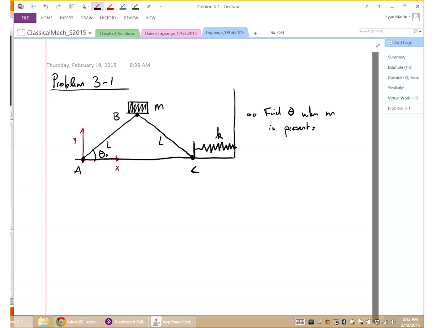So if you go back to your notes, we had written down a procedure for solving these static problems with the principle of virtual work. First we need to identify the number of degrees of freedom, and I've kind of already hinted at that, and there's only really one degree of freedom.